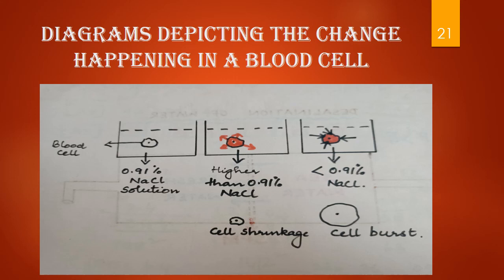In order to avoid that, we maintain it in isotonic condition. How is it maintained? We dilute the injections with 0.91% sodium chloride and then administer it to the patient. With the result, there is no shrinkage or bulging of the cell.